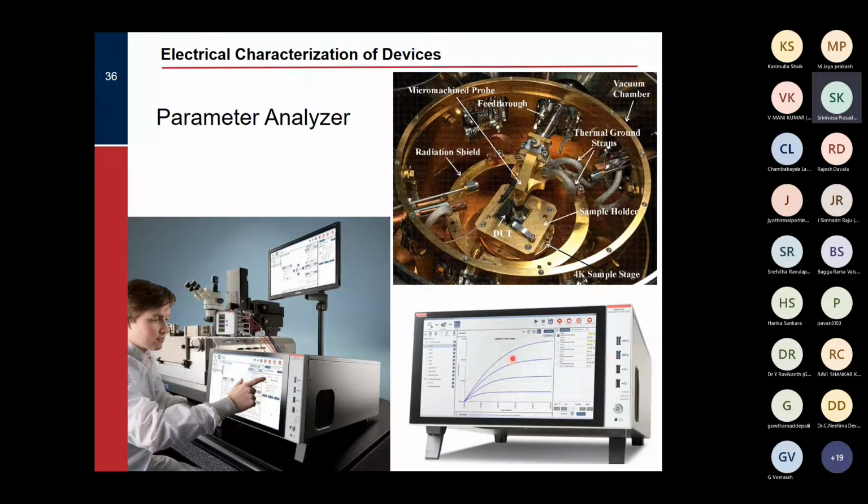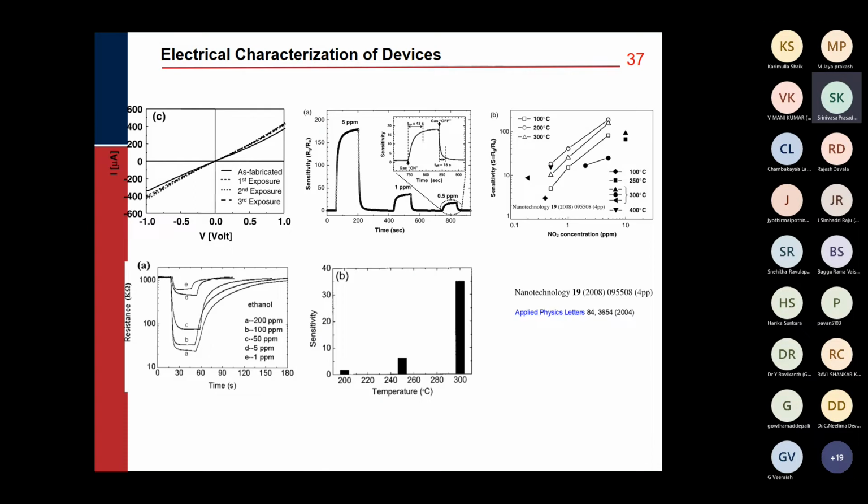So you don't need any LabVIEW or any interface cable, etc. You just directly connect this thing to the chamber, this probe station. And programs are already given, you just have to slightly modify them, and you can use that to do the measurements. Okay, so this is also another way of doing this thing.